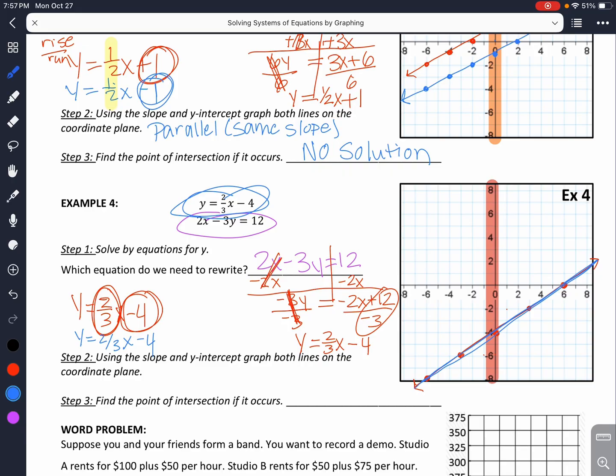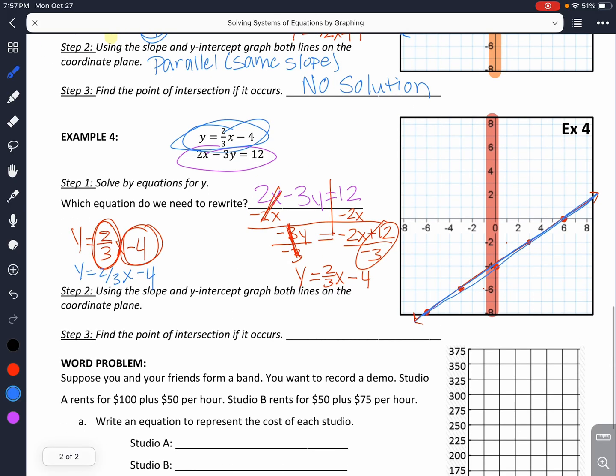So if you ever graph 2 lines, and they're the exact same line, that means that these 2 equations have infinitely many solutions, okay? Because every single point is the exact same. So that would be infinitely many solutions for that. Because again, this right here, same line.